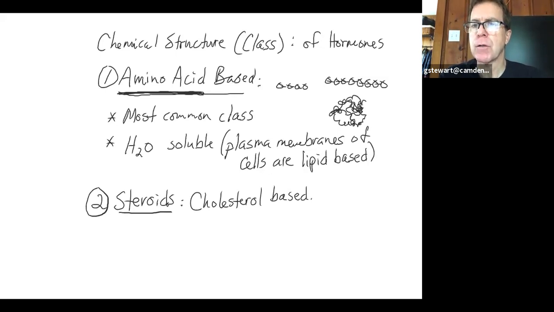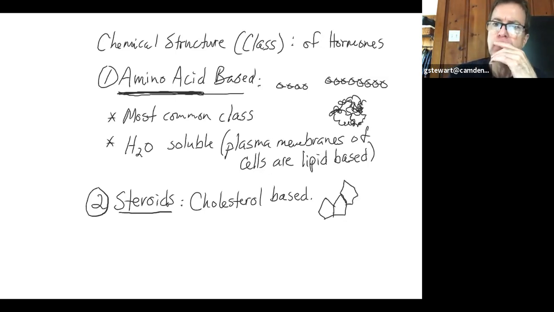They tend to be ring shaped. I'm not going to test you on this part, but cholesterol tends to have several rings of lipids linked together like this. They're carbon based, but they use cholesterol as their basis. These are the two main classes that we're going to talk about.